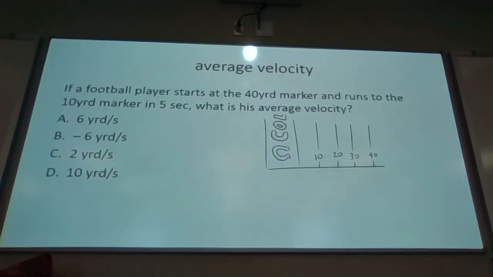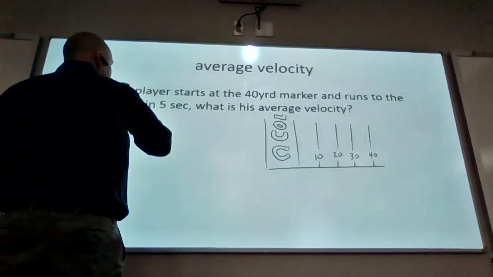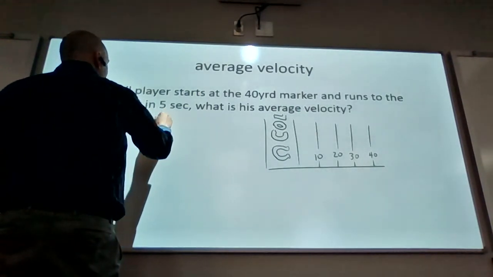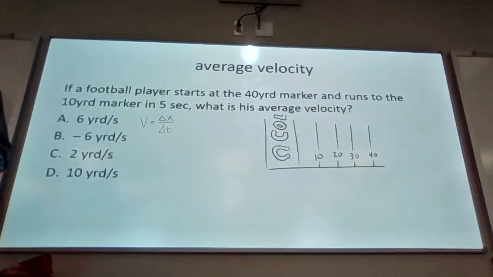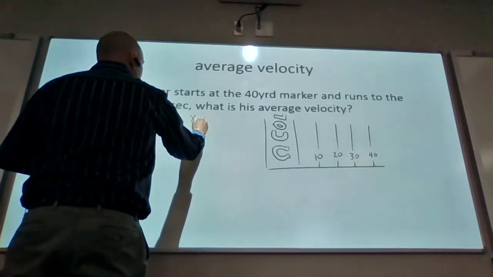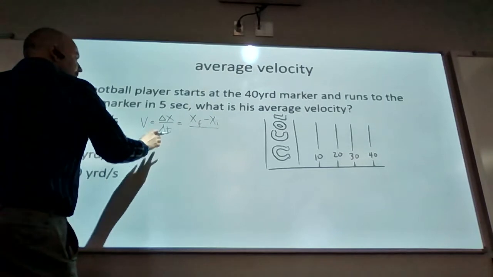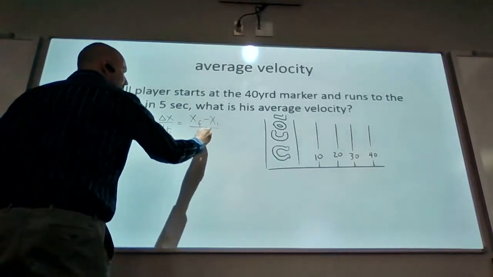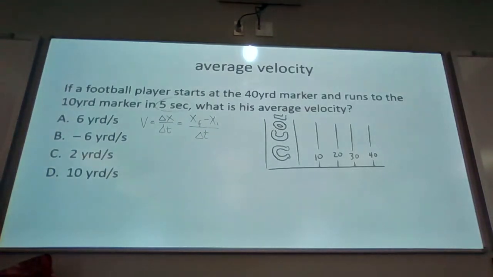Correct answer is? Okay. So average velocity is equal to displacement over time. So I have final position minus initial position. On the time duration, I'm just going to leave it as delta t because I was given the time duration of 5 seconds.